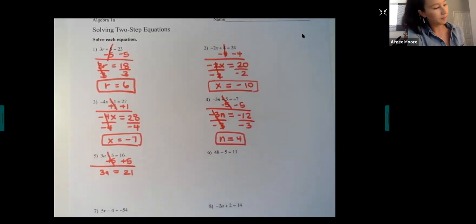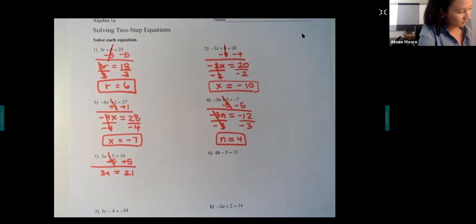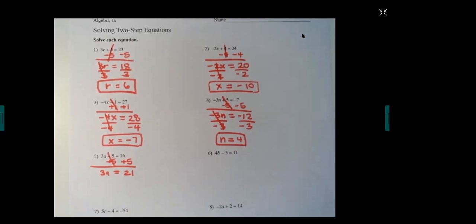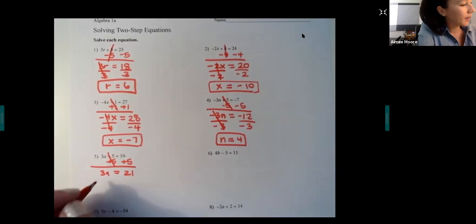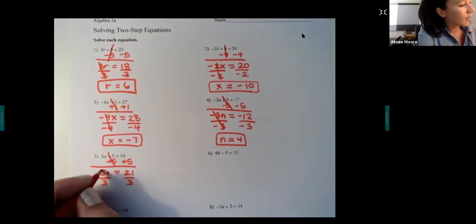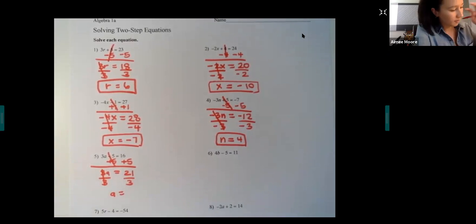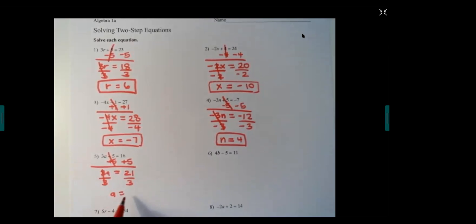Then what would I do, Amari? Divided by 3. Yep. Divide both sides by 3. And so what does a equal? 7. Yep. You're right. Very good.